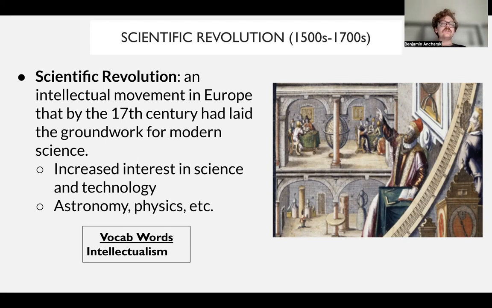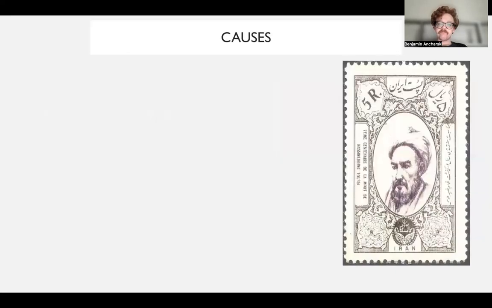We also see advances in physics. We see advances in chemistry, unfortunately. We see advances in biology. So we are going to see largely that the Scientific Revolution is focused on the natural sciences, meaning the sciences that relate to nature and how nature works, basically.